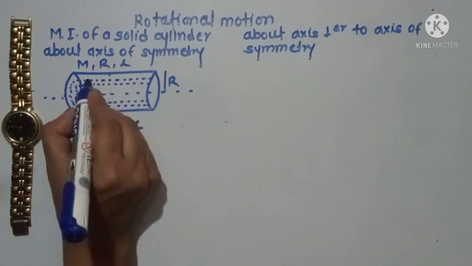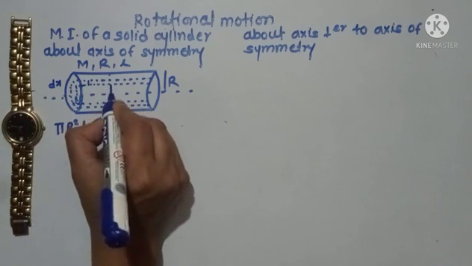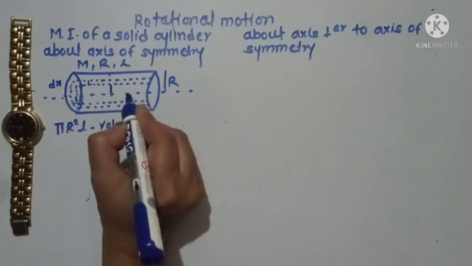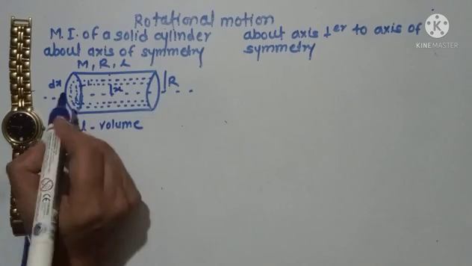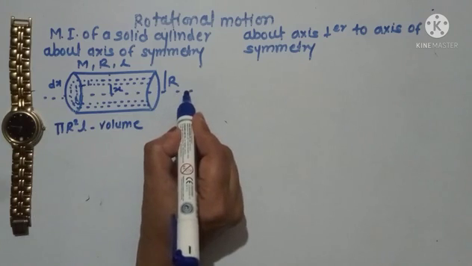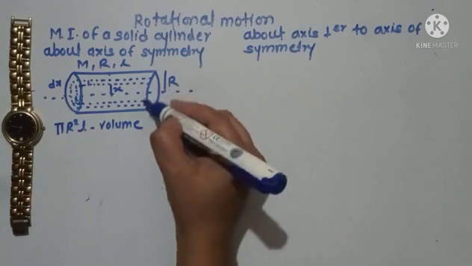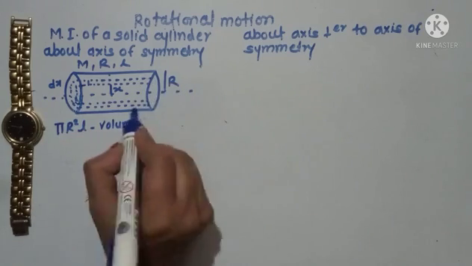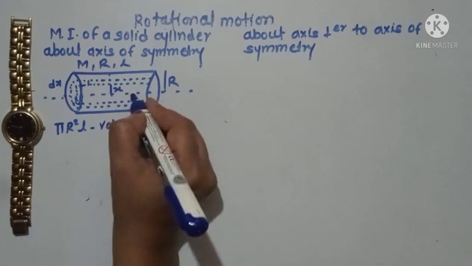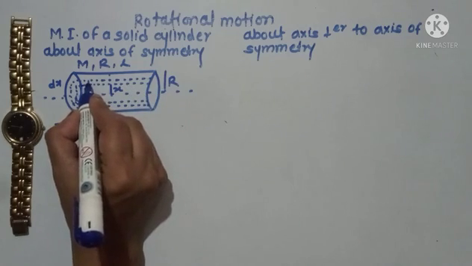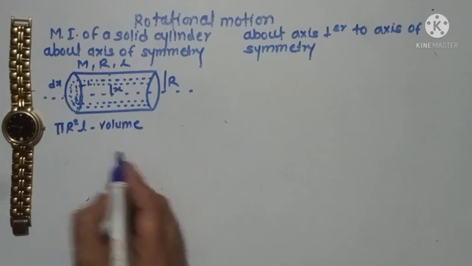So this width is dx, and let the distance of this coaxial cylinder from the axis of symmetry be x. The cylinder is rotating about the axis of symmetry, and we have considered a small coaxial cylinder inside this solid cylinder having width dx, at a distance of x from the axis of rotation.